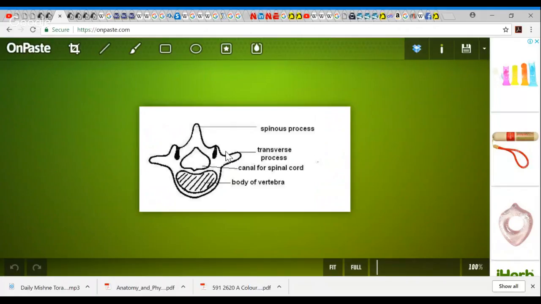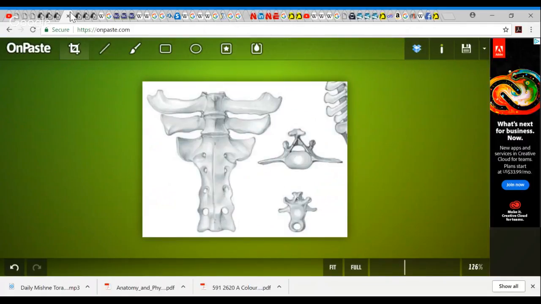And these, especially these transverse processes, which go outwards to the sides, vary in length a little bit depending on the section of the vertebrae that we're talking about. So, for example, here we can see the last two lumbar vertebrae extend out pretty far.